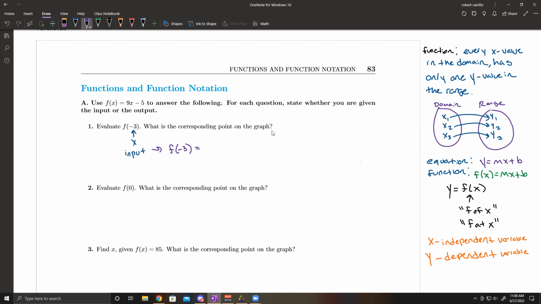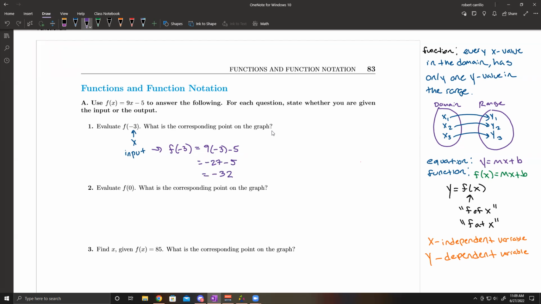So we have 9 times -3 minus 5. We have substituted that value in. We have input that x value, and now we just simplify. 9 times -3 is -27. -27 minus 5 is -32.